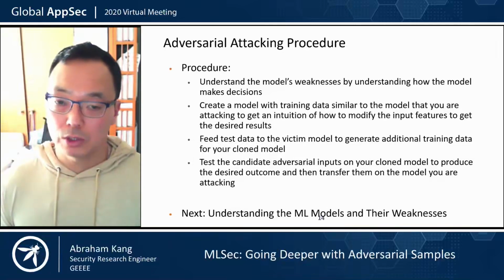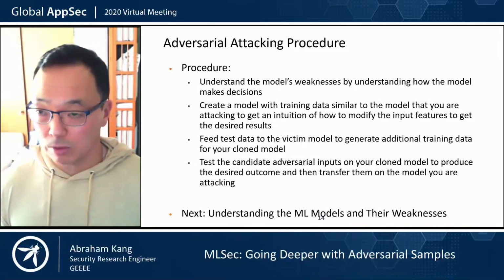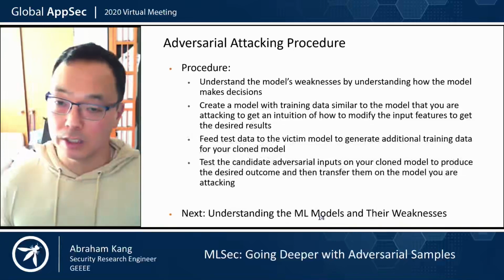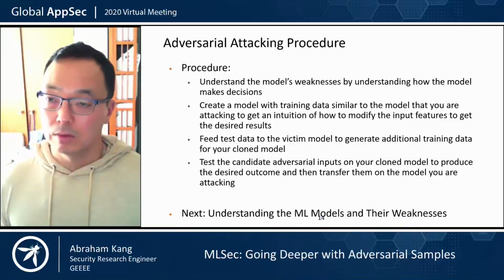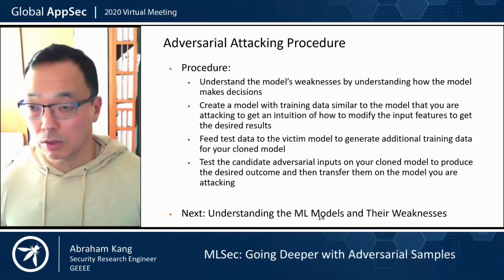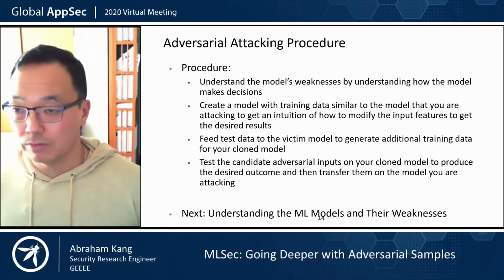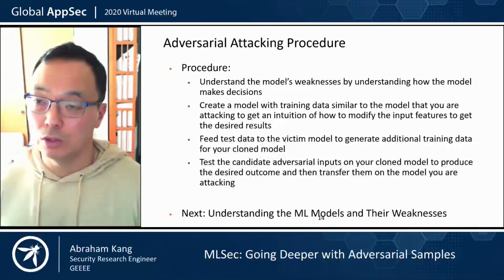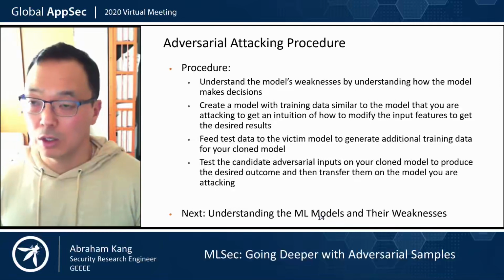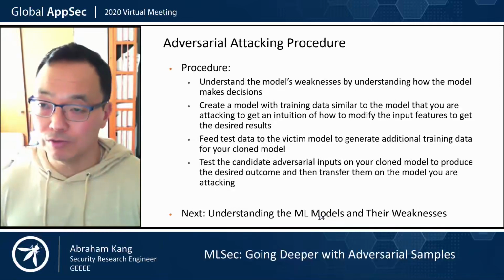The next step is to create a model with training data similar to the model that you're attacking. And what you're going to find is that if you have a large enough sample of data doing the same type of thing, the models are going to learn very similar features.